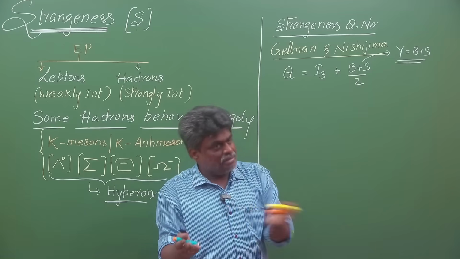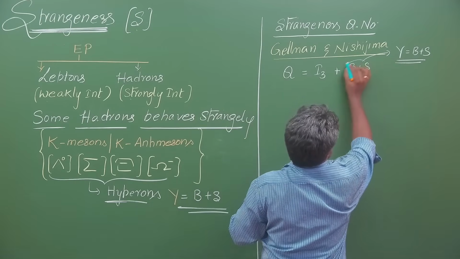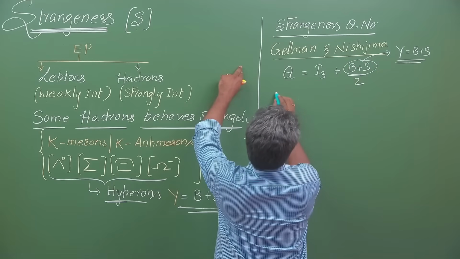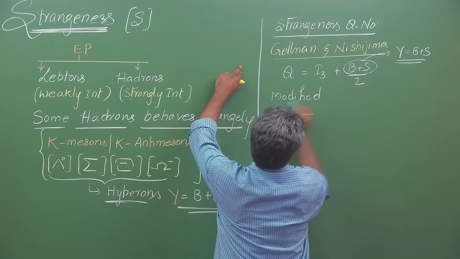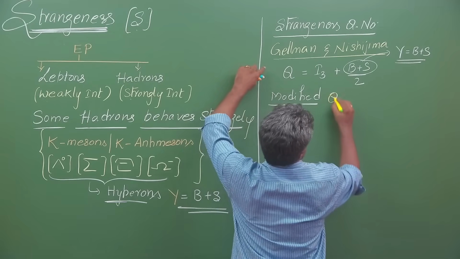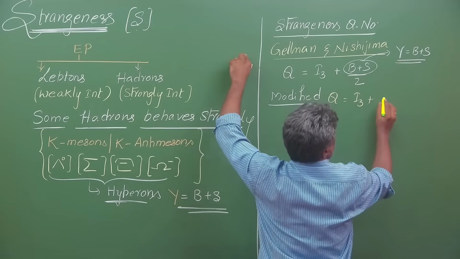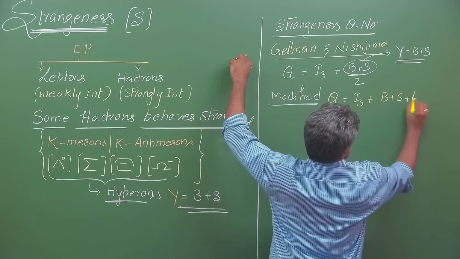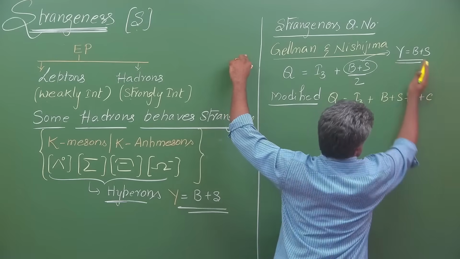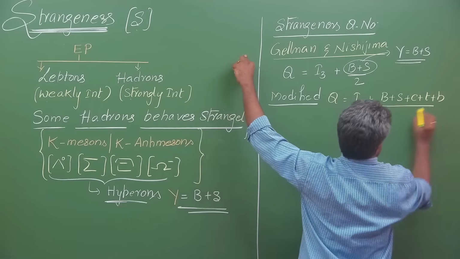Later on, some people have modified this. The more general, modified one is Q equal to I3 plus, the hypercharge is changed, B plus S plus C plus T plus B-tilde, all by 2.